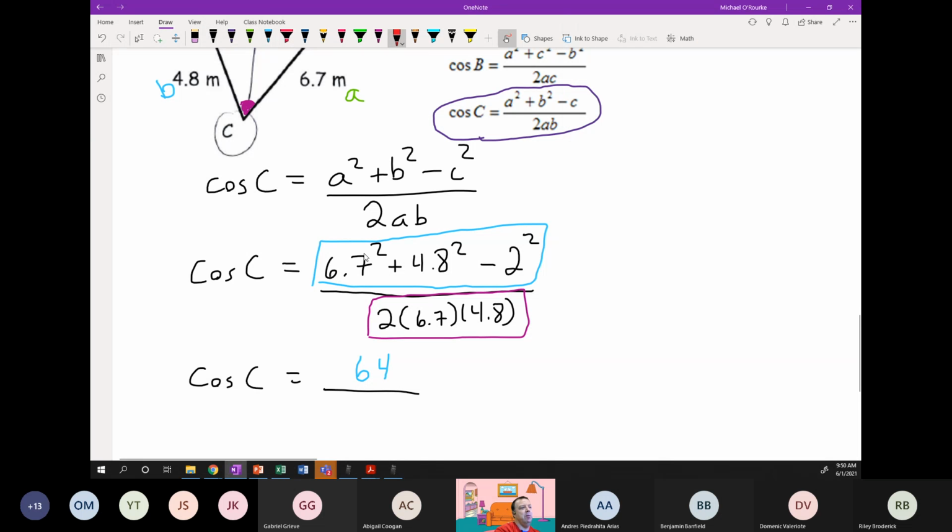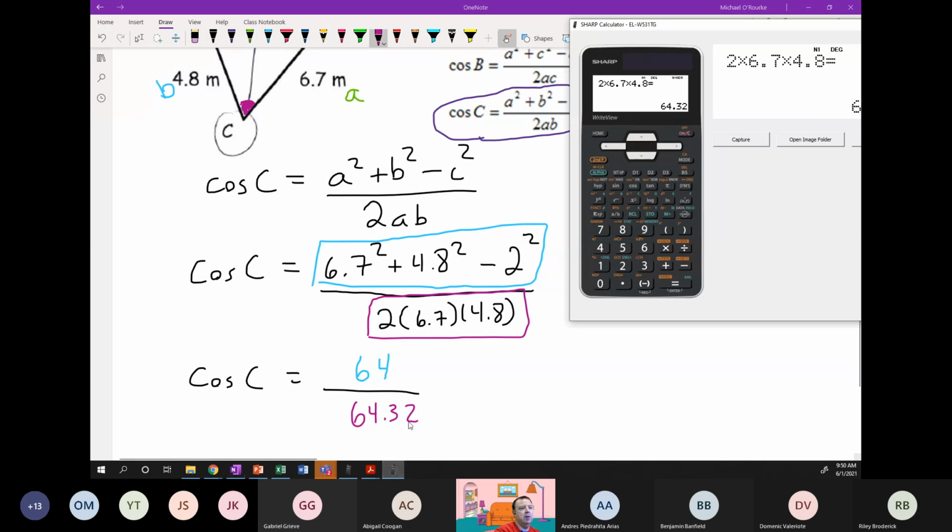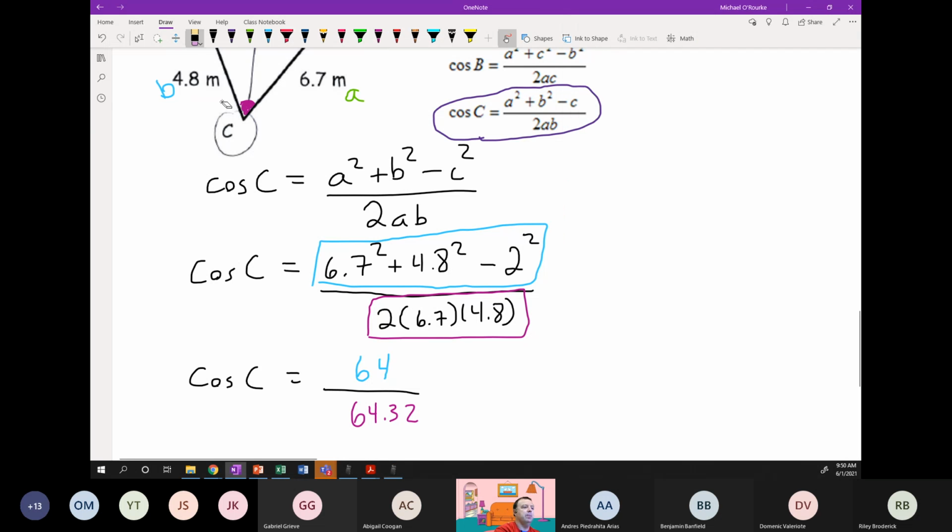So it's 64.32. And what was my other calculator number? 63.93.